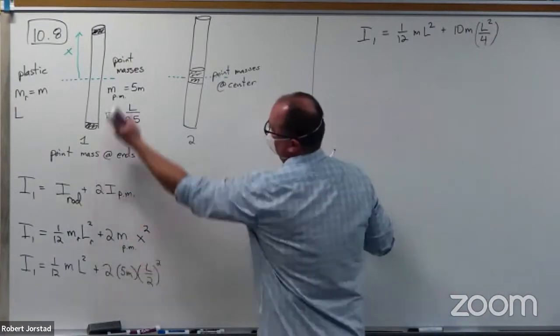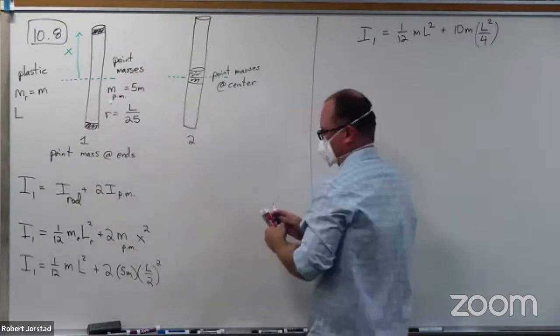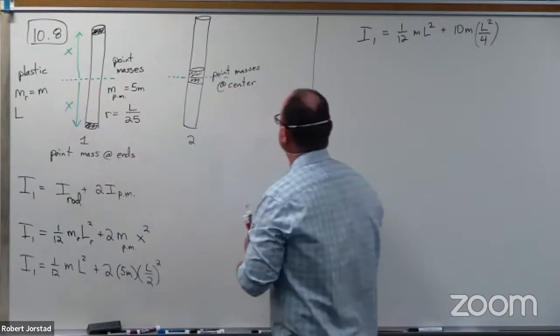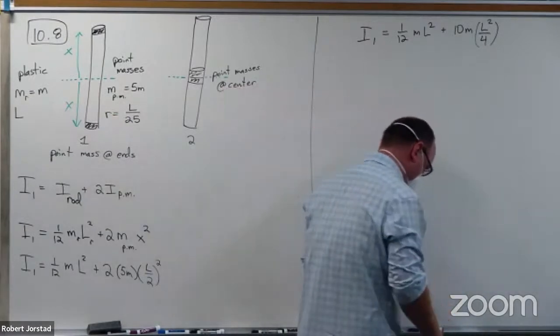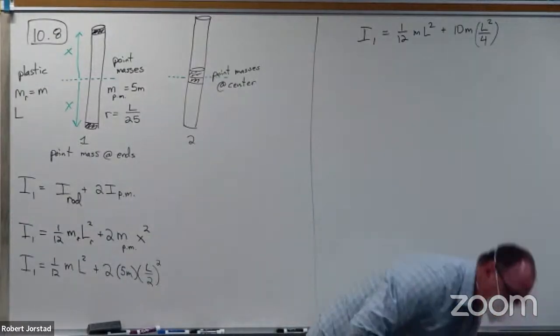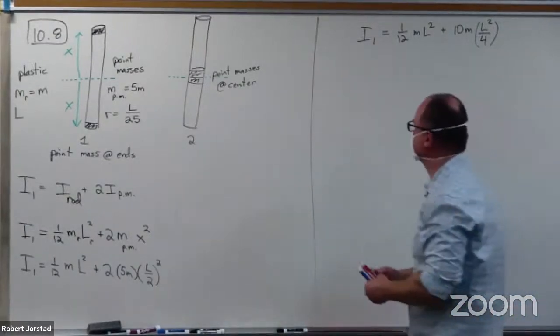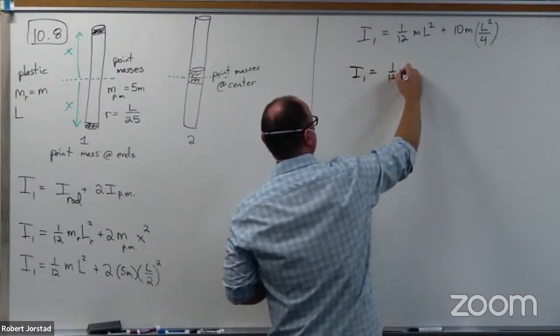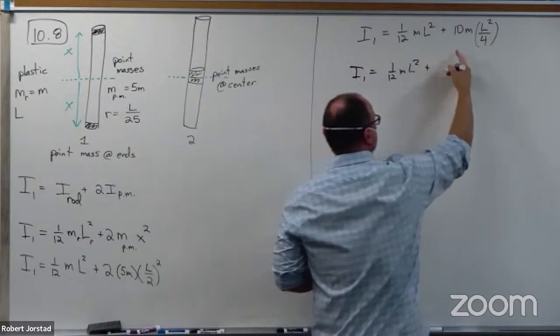The 2 came from the fact that there were 2 point masses, both distance x away. X was L over 2 for both of these. What's that going to be?